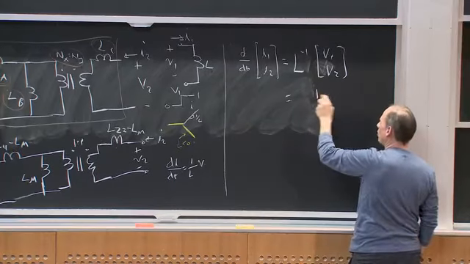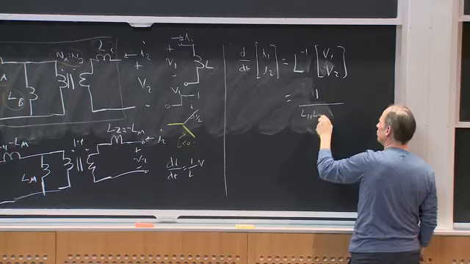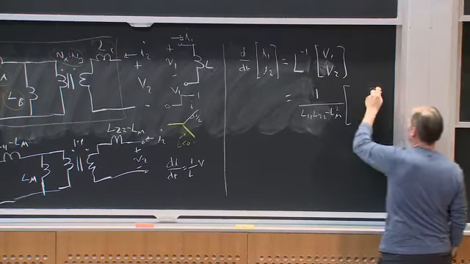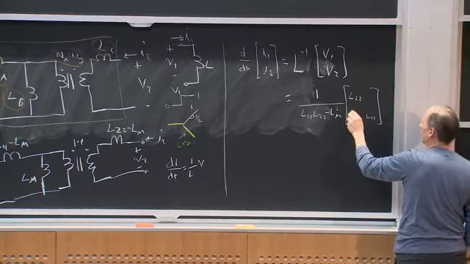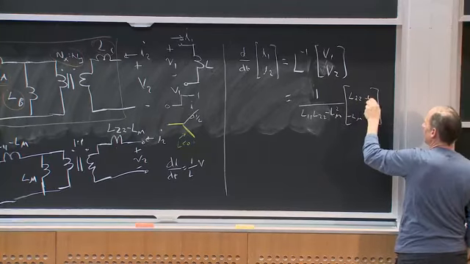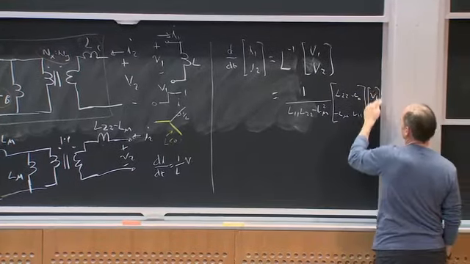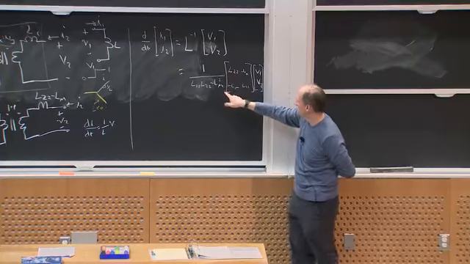So that would be 1 over the determinant, L11 L22 minus Lm quantity squared, times the matrix L22, minus Lm, minus Lm, L11, times the vector of voltages V1, V2. Okay? So this is the d/dt of I1 and I2.